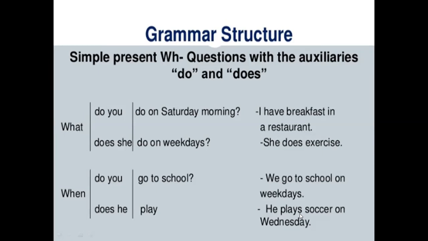However, when the subject is plural, we don't have to add s at the end of the verb. For example, we is plural, so you don't have to put s here. So just simply, we go. So when the subject is plural, we don't need to put s at the end of the verb. However, if the subject is singular, you have to put s at the end of the verb.